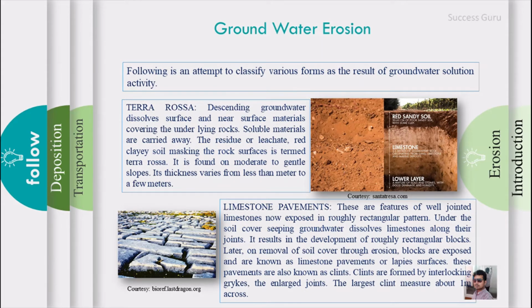These pavements are also known as clints. Clints are found with interlocking grikes, which we will discuss in later slides. The enlarged joints are the grikes, and large clints measure about 1 meter across. So the left side image shows the limestone pavements, or the lapies surface, or the clints.